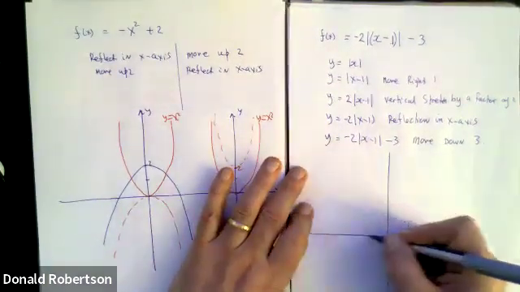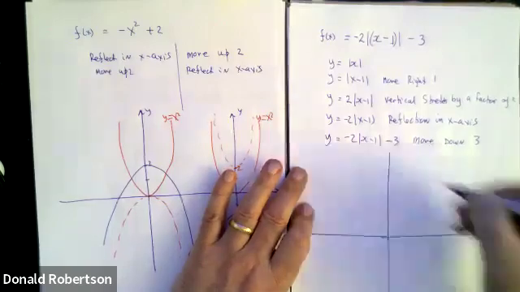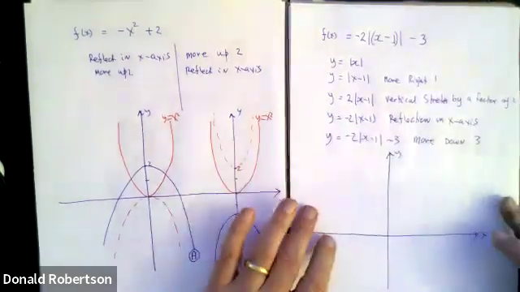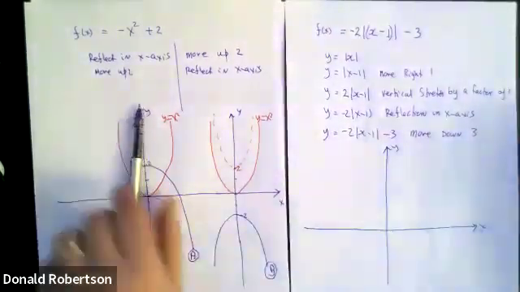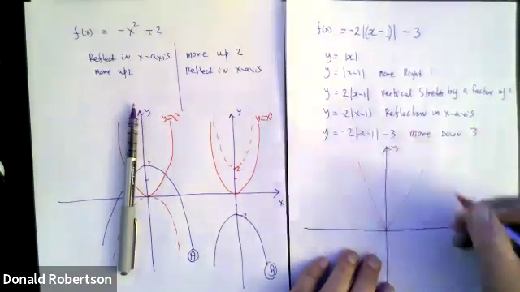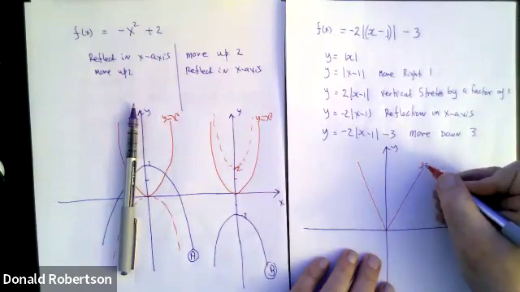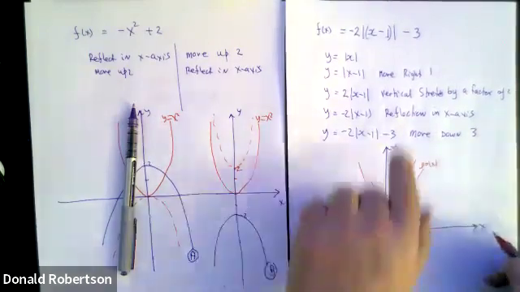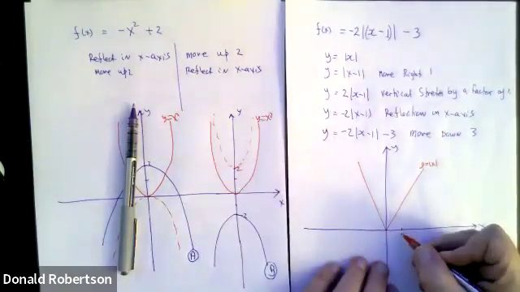There is a lot of moving pieces, and I hope I give myself enough room to do it all. So here goes. Absolute value of x. Move it to the right one.